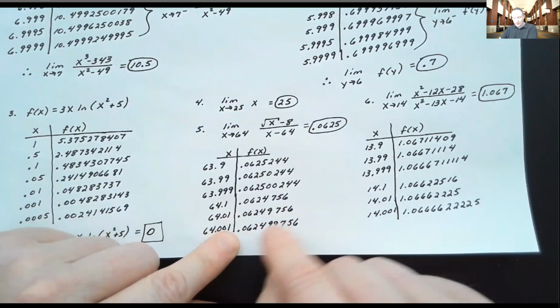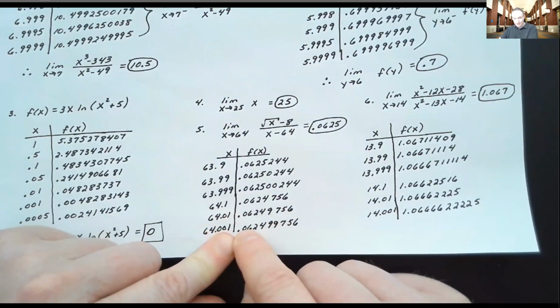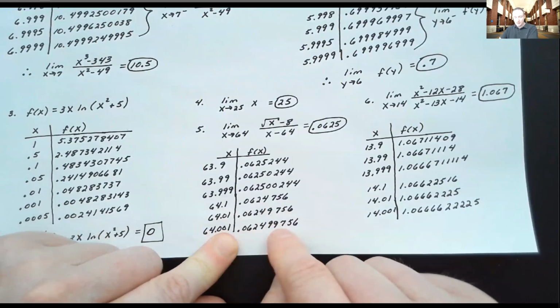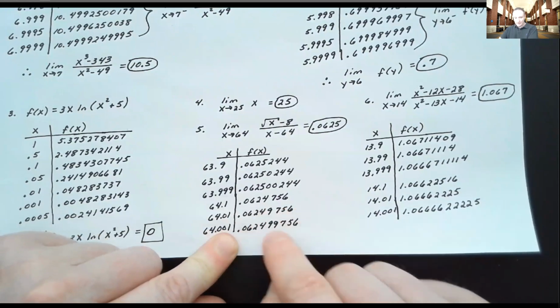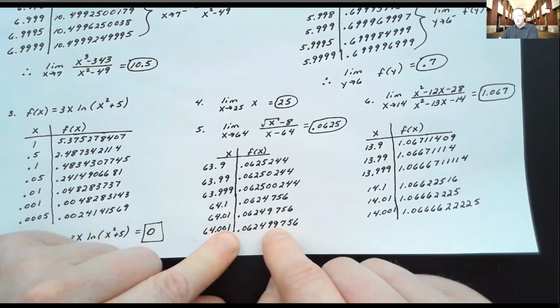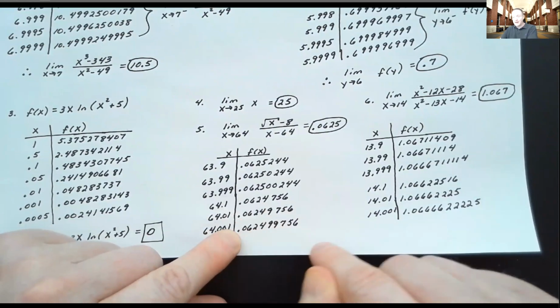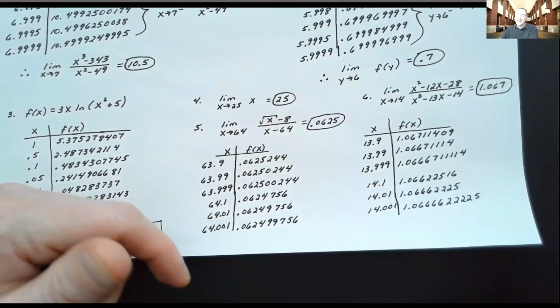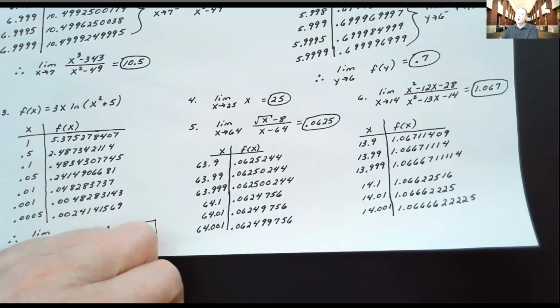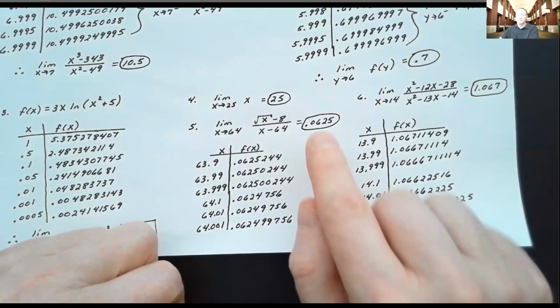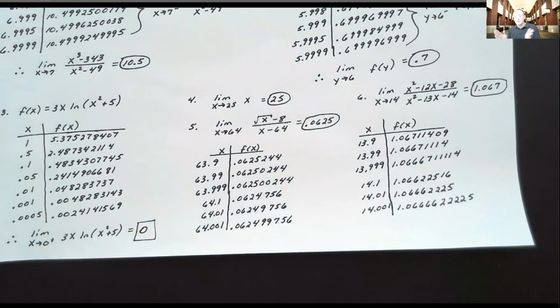When I went out to 1,000th of a unit to the right, so I'm getting 10 times closer, I get another 9. So this is going to be approaching a value of 0.06249999999. You can put as many 9s there as you want. What one number is that approaching? It's approaching a number of 0.0625.